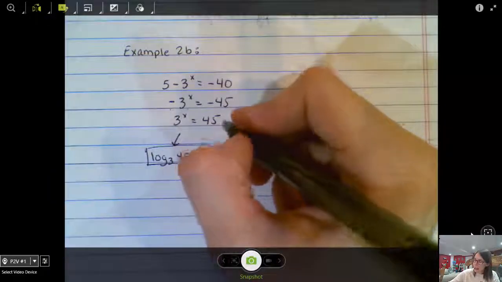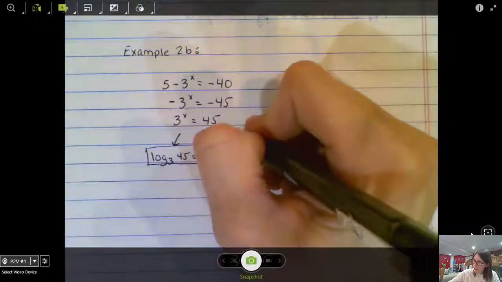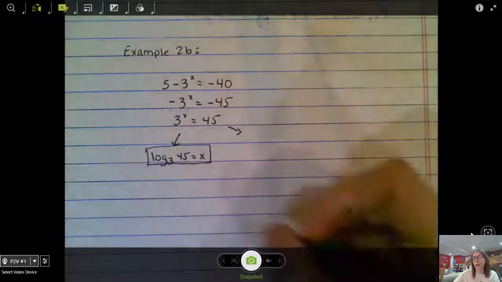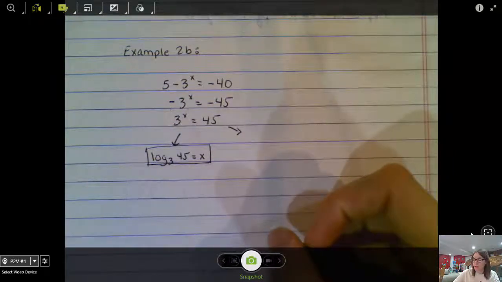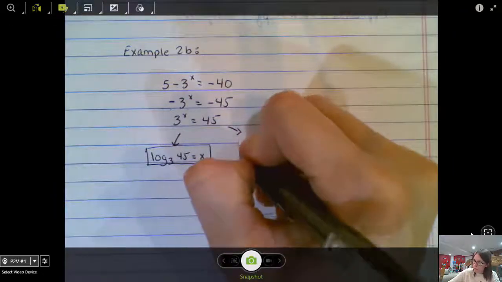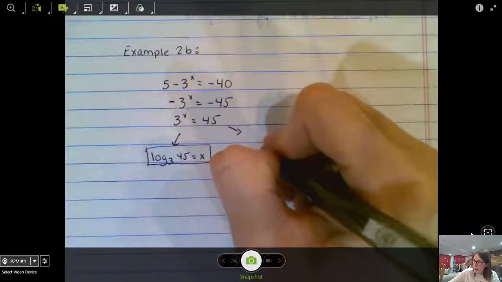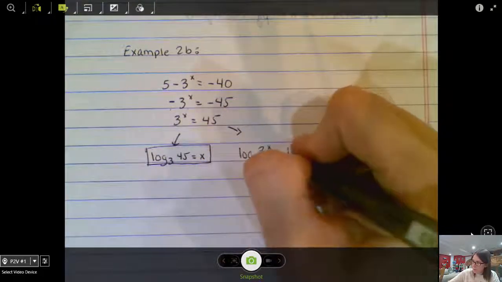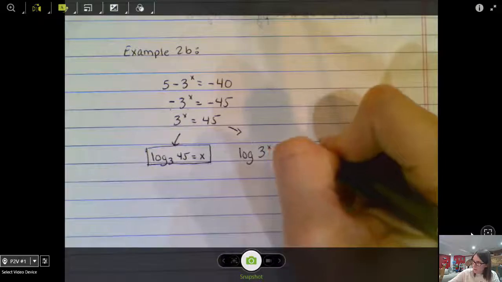My second option, once I got here, the 3 to the x power equals 45, we could take the log of both sides. That would give me the log of 3 to the x power equals the log of 45.